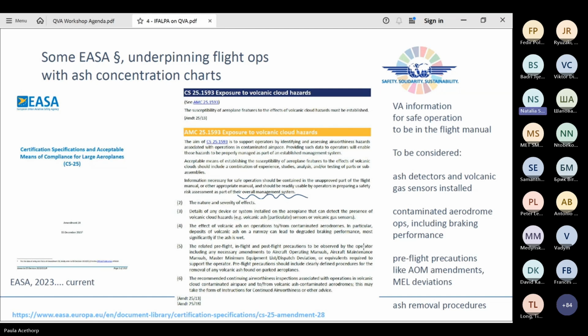They have good suggestions, like if the airplane has ash detectors, volcanic gas sensors installed. It's not fantasy from the Pilots Association, it's EASA text. And contaminated aerodrome ops needs to be considered, like braking performance, and pre-flight precautions like MEL deviations. MEL, that is the minimum equipment list.